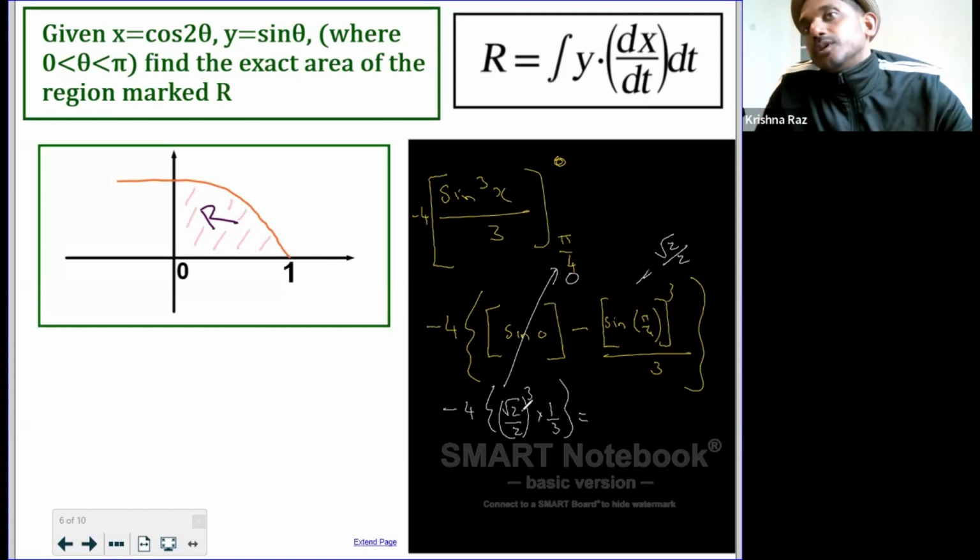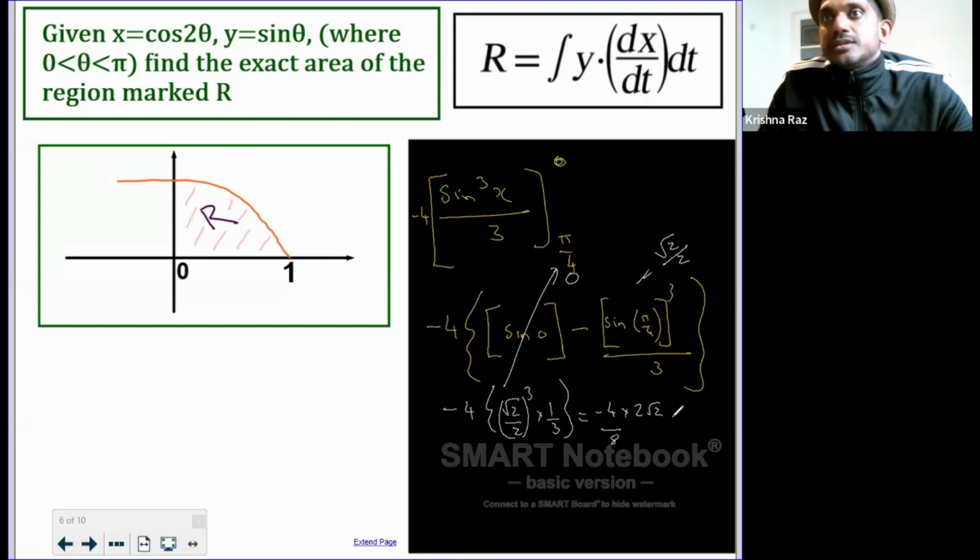Root 2 cubed is 2 root 2. And minus 4 times 2 root 2 all over 2 cubed, which is 8, times a third.